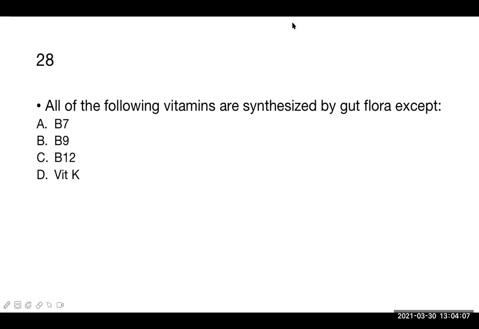And vitamin K, it doesn't have any other name, it's vitamin K itself. So B7, B9, B12 and vitamin K. Among them, B9 is not synthesized by gut flora, but biotin, vitamin B12, and vitamin K all are synthesized by our gut flora. So this is an important question. Please remember from now onwards.